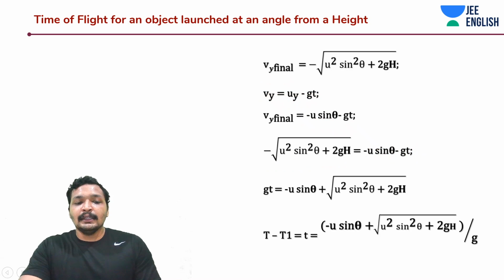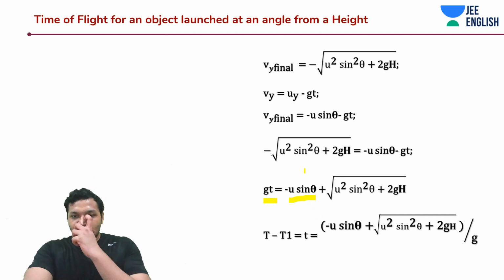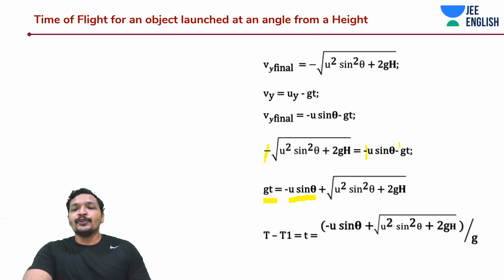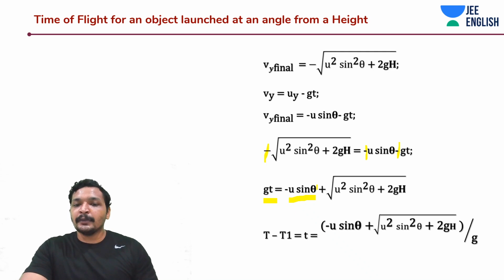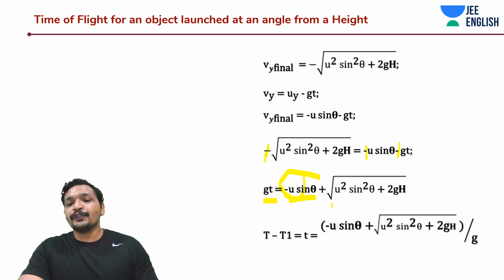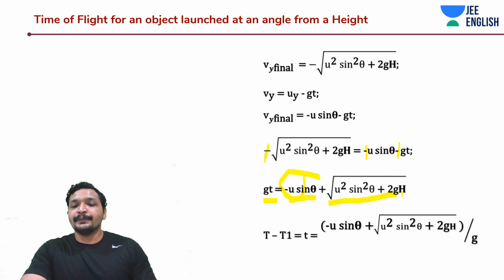You have basically moved this minus u sine theta to the other side, and you find that gt is equal to minus u sine theta, because see, I have cancelled all these negative signs and moved u sine theta to the other side. So it's going to be minus u sine theta plus under root of u square sine square theta plus 2gh, which is nothing but Vy final when it reaches the ground.